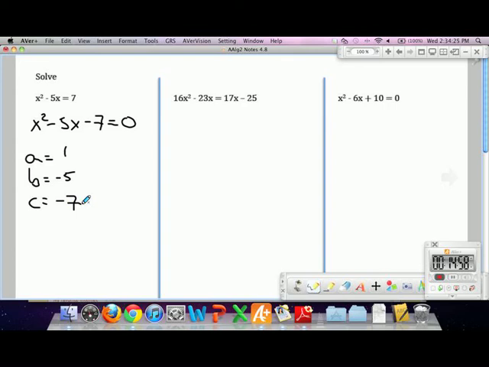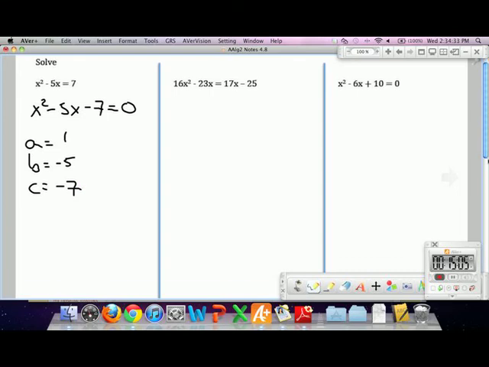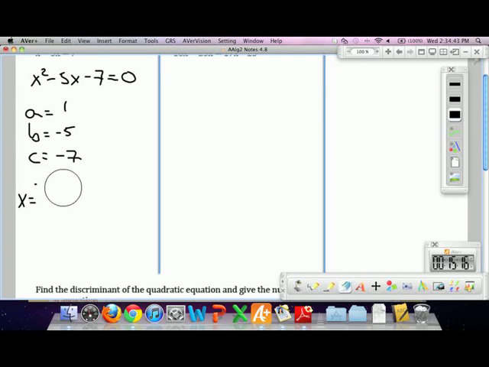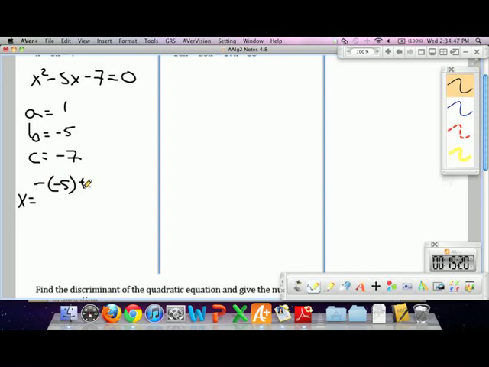You get x is equal to negative b, or the opposite of b, plus or minus the square root of b squared minus 4 times a times c, all over 2a.